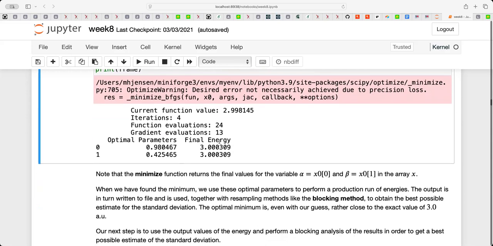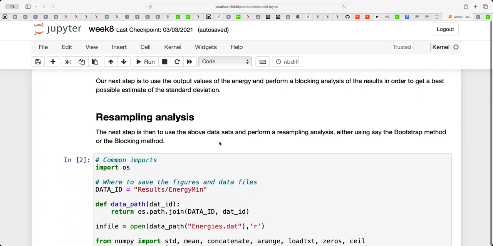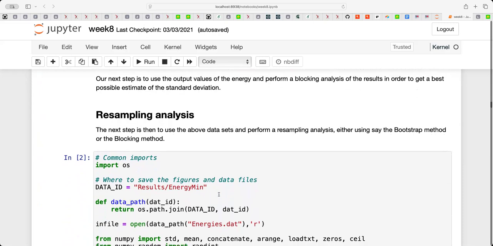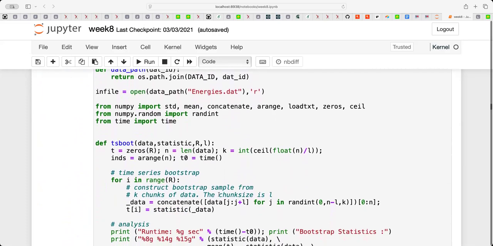But then what we have next is a resampling analysis. So I wrote to file the expectation value of the energies. And now I'm going to use either the bootstrap method or the blocking method. And I'm going to go through the details behind these methods so that you understand what they're doing.